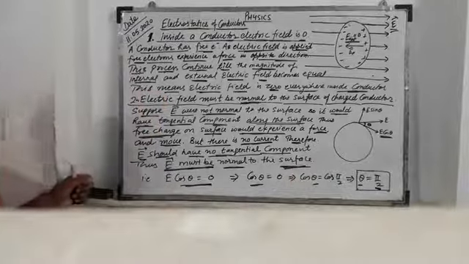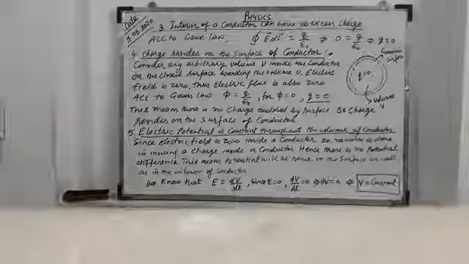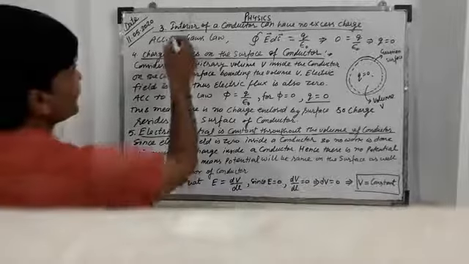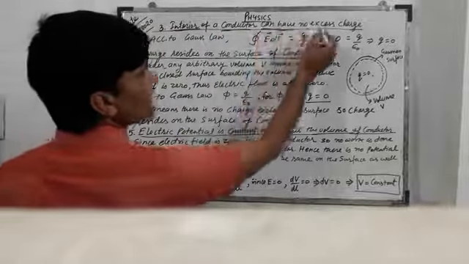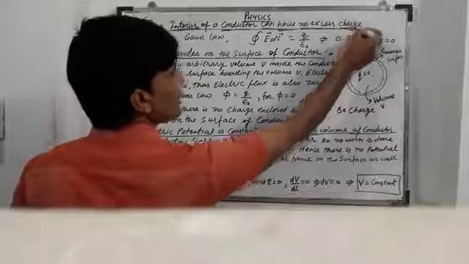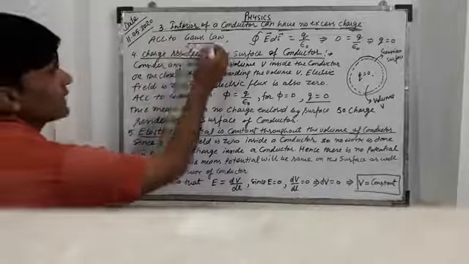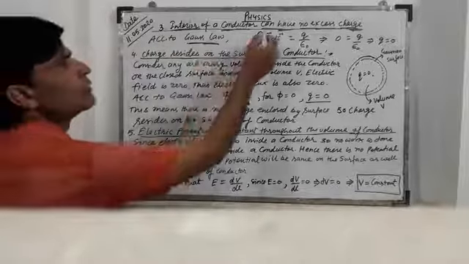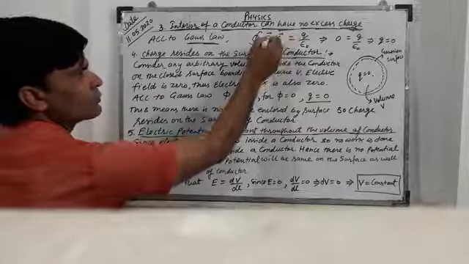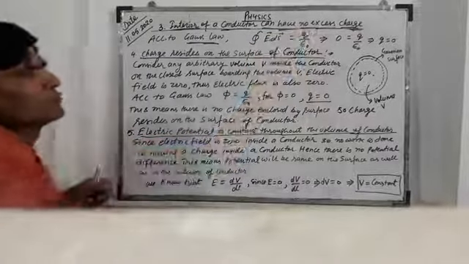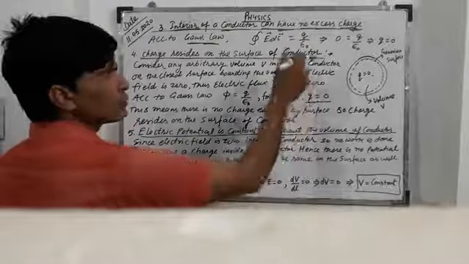surface. The third point is interior of a conductor can have no excess charge. For this, according to Gauss law, closed integral E into ds is equal to q upon epsilon naught.